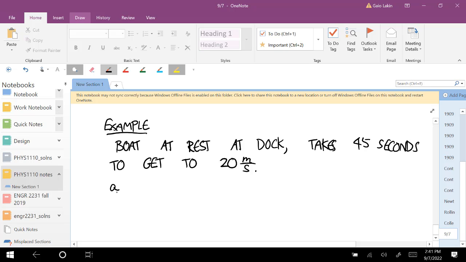You want to know what's the acceleration? And how far has the boat traveled when it gets up to 20 meters per second?